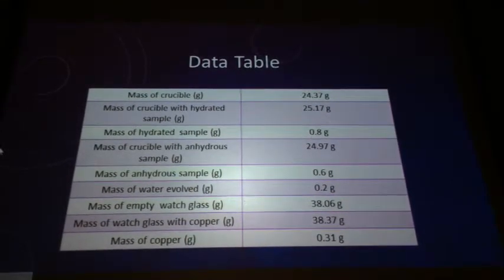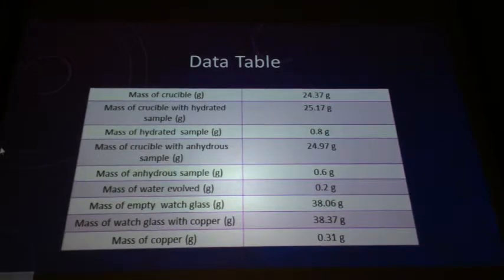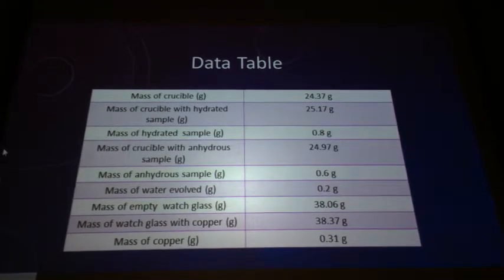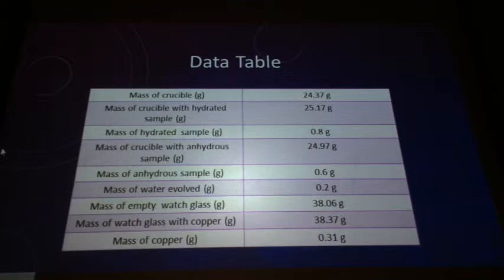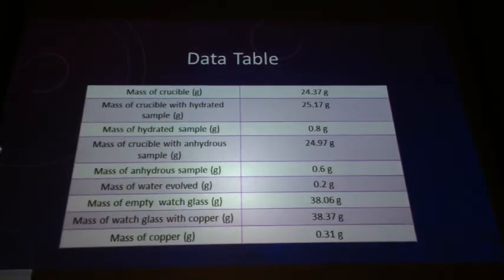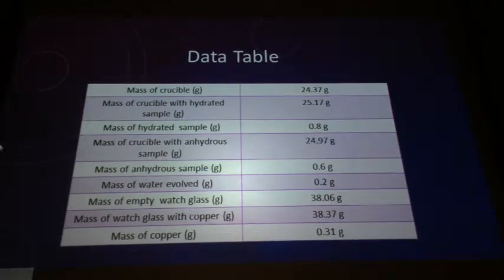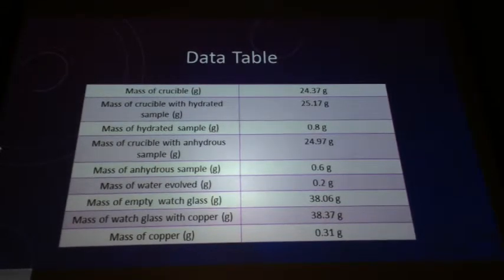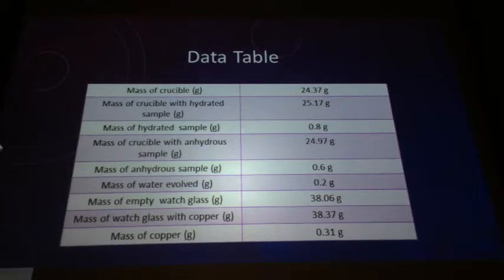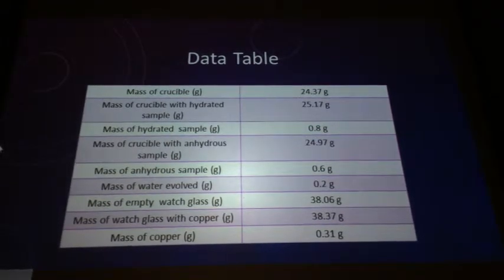The mass of the crucible with the anhydrous sample was 24.97, so the mass of the anhydrous sample was 0.6 gram. That means that the mass of the water involved in this experiment was 0.2 grams. These results were after we heated the sample.